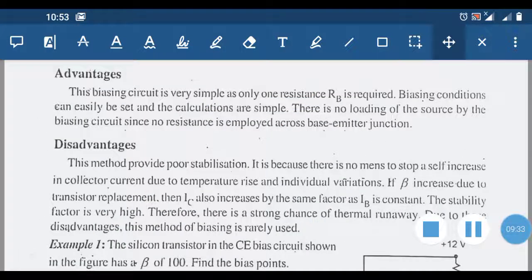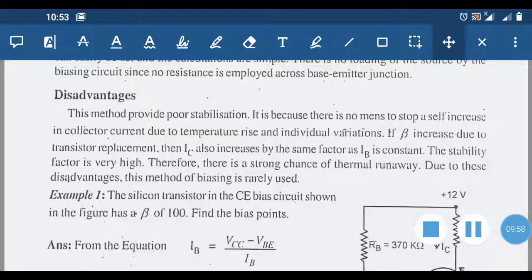Now the advantage of this circuit is that it is very simple. Only one resistance RB is required besides RC, and the calculations are very simple. There is no voltage loading of the source by the biasing circuit, since no resistance is employed across the base emitter junction. These are certain advantages of this circuit, but it also has very big disadvantages.